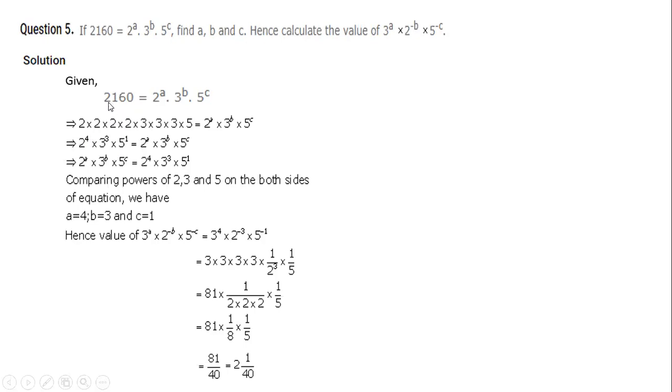So rewrite this 2160 in terms of 2, 3, 5, because we know that if bases are same and equality sign is there, then powers must be equal. So we have to rewrite this 2160 in terms of 2, 3 and 5.